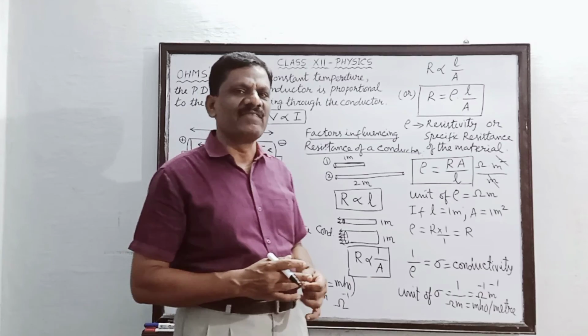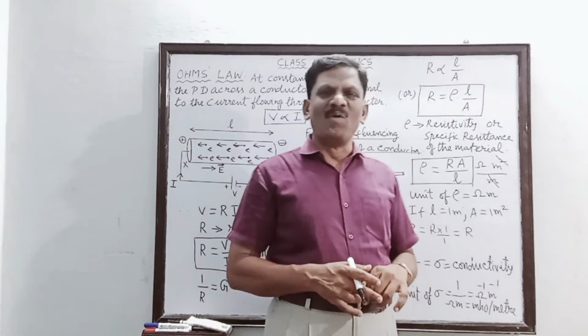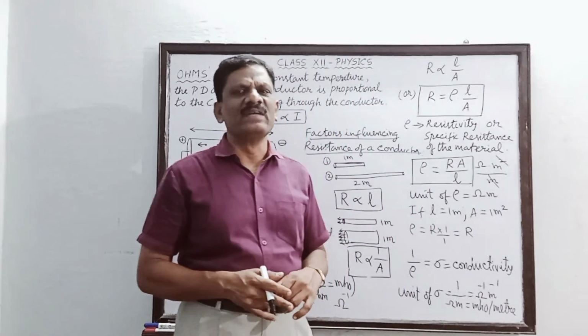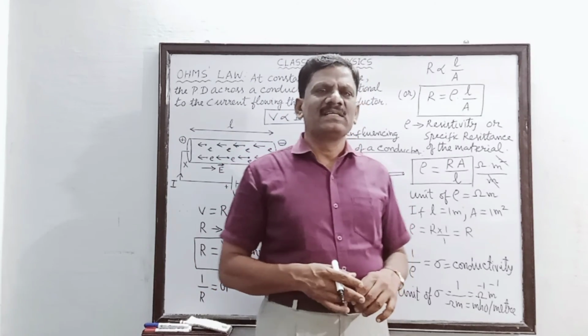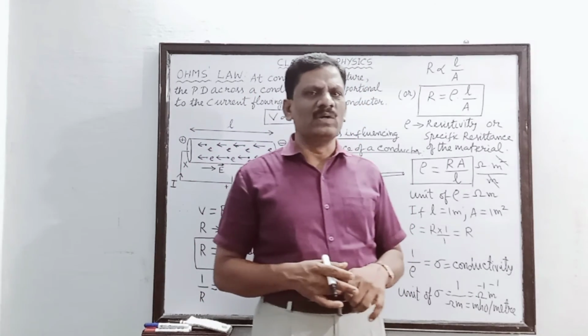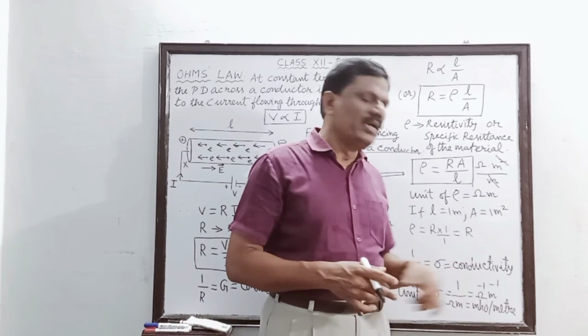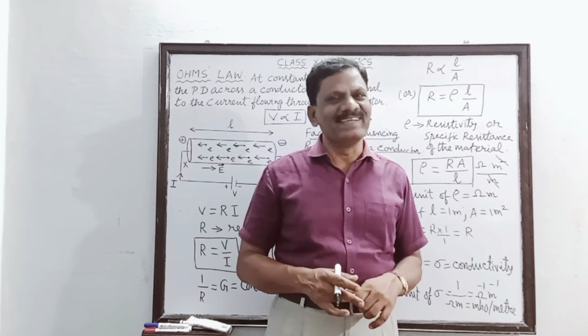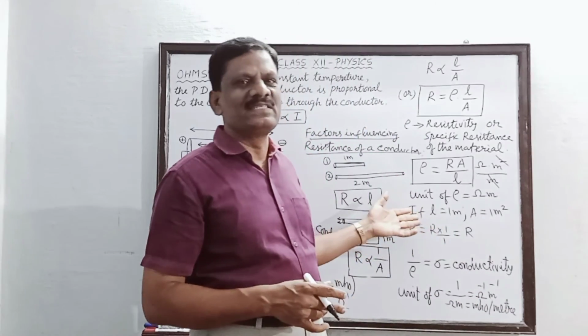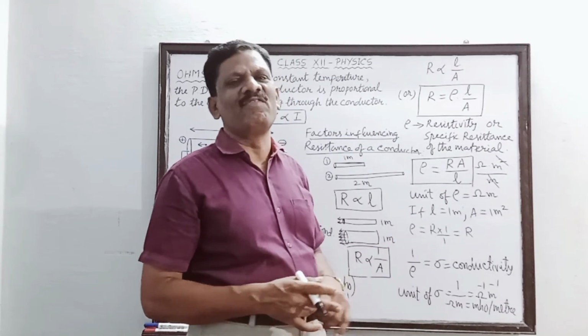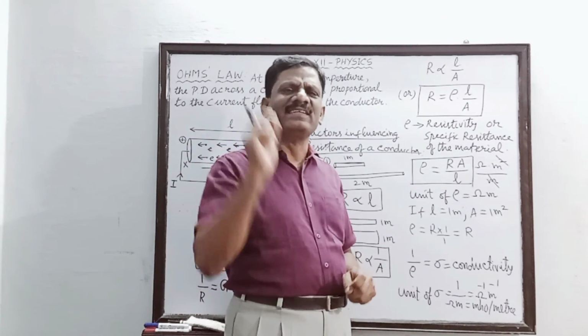So, what must be the unit of conductivity? 1 by ohm meter, that is ohm inverse per meter. That ohm inverse is also called mho. Therefore, sigma has a unit of mho per meter. Okay students, next we are going to see the microscopic form of Ohm's law, which is very interesting.